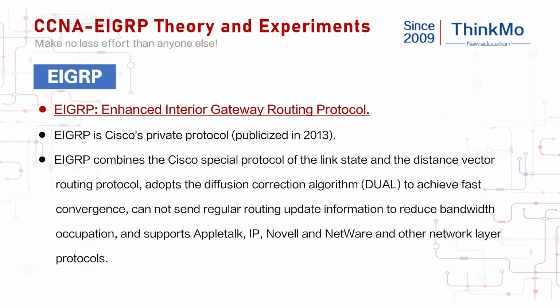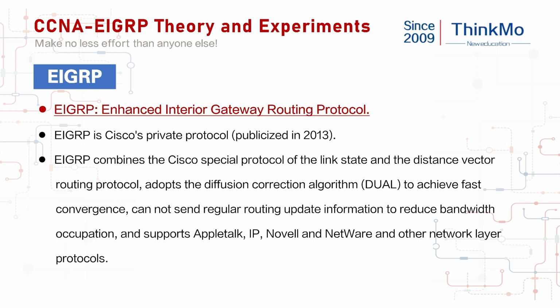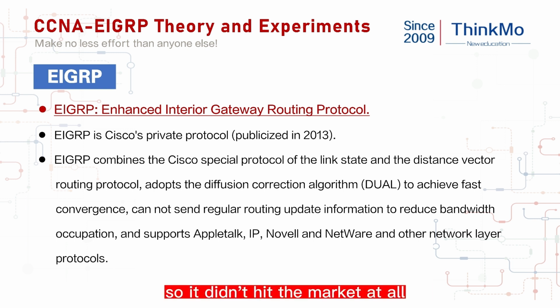we don't use it. Before it was made public, if you wanted to use this protocol, all equipment had to be Cisco. That is, your networking environment could not have equipment from other companies, because other devices do not support it. So it didn't hit the market at all. Very low occupancy.